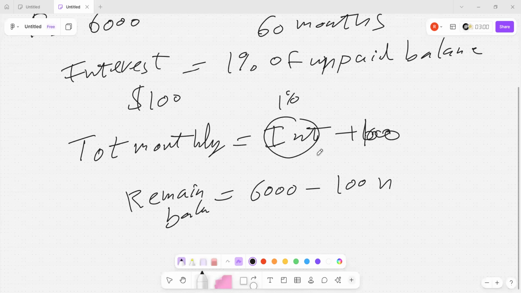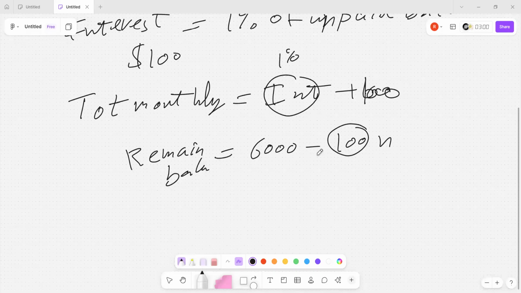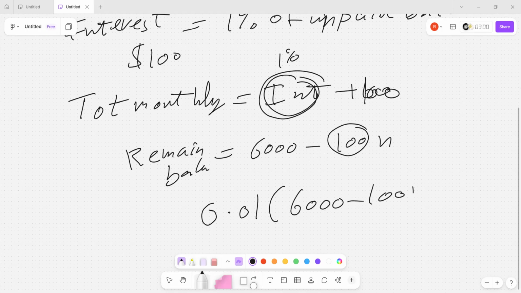So in the first month, he will pay $100, so we will have $5,900 remaining, right? And so on. He said the interest will be equal to 1% of the unpaid balance or the remaining balance, so I will do 0.01 times 6,000 minus 100 N.